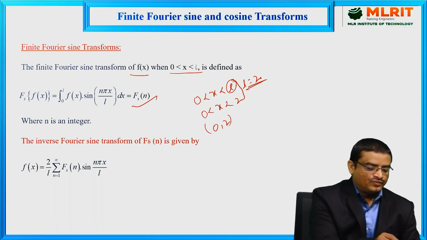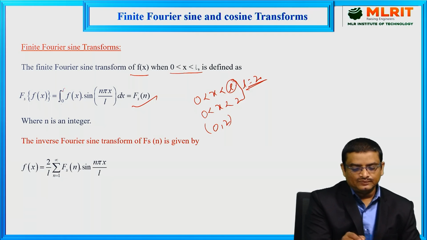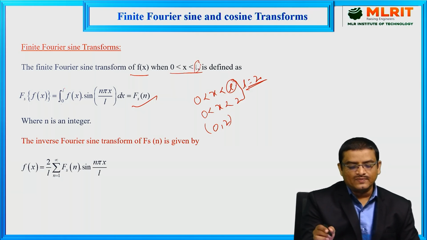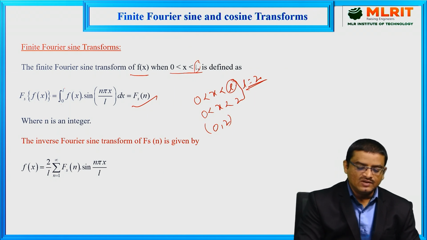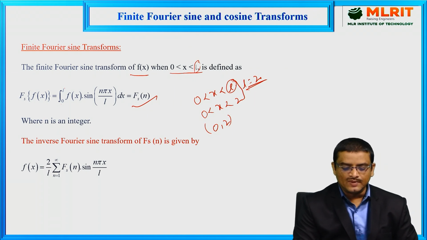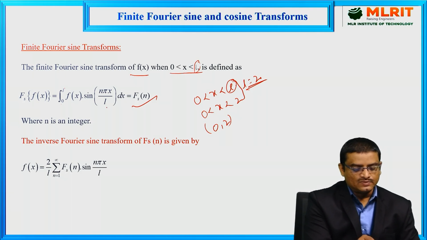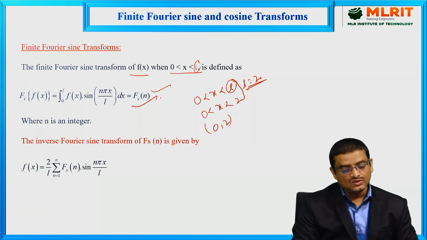So the Fourier sine transform of f of x is given as integral 0 to L, where you get the L value from the problem. In general, we represent the finite interval as 0 comma L. So it is f of x into sine n pi x by L into dx, which is represented with f suffix s of n.